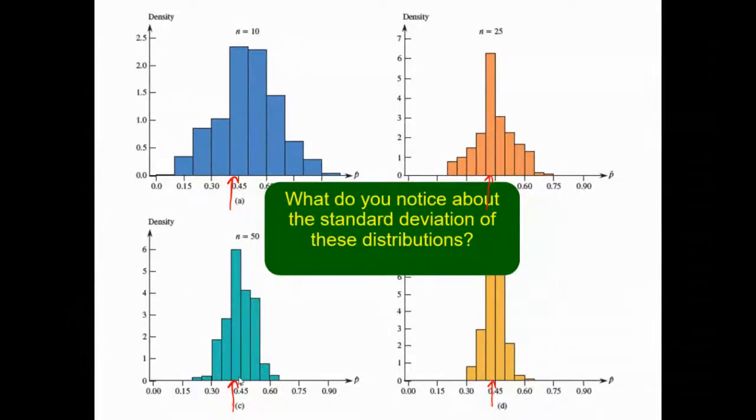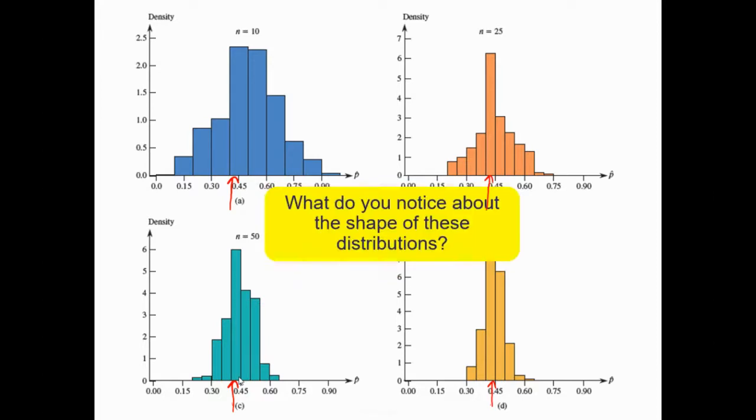What do we notice about the standard deviations as we increase n? What happens to our standard deviation? Decreases. So just like yesterday, as n increases, standard deviation decreases. And then what do we notice about the shape of them, approximately?